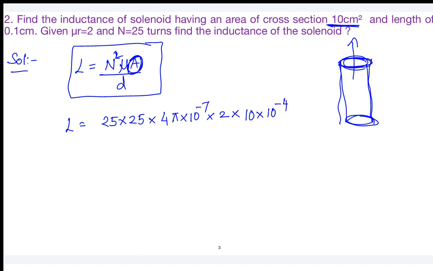One centimeter is 10 power minus 2, whole square is 10 power minus 4, divided by the length of the solenoid, 0.1 centimeter, into 10 power minus 2. You can simplify that. What value are you going to get? Tell me. You can use the calculators.